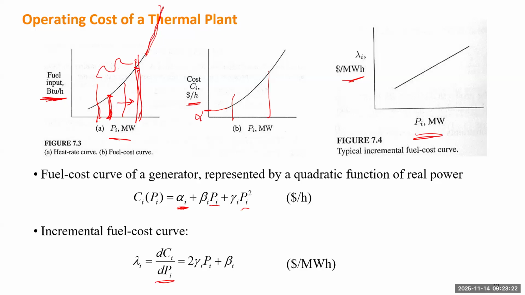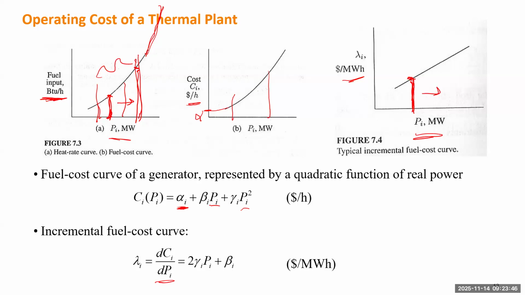Lambda's physical meaning is the same as the Lagrange multiplier. But here, it just means the dollar amount per megawatt hour. That's the price of energy. So if you generate power at this value, that's this price.